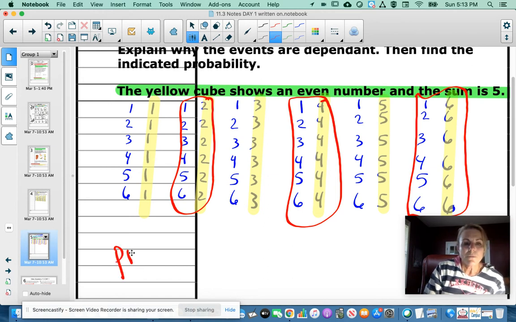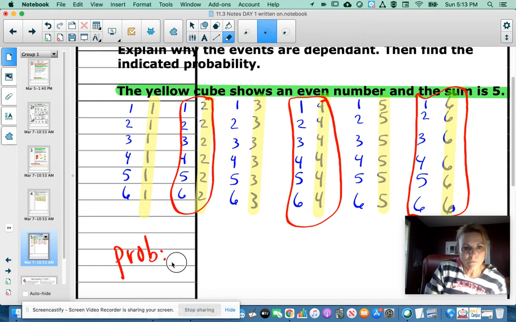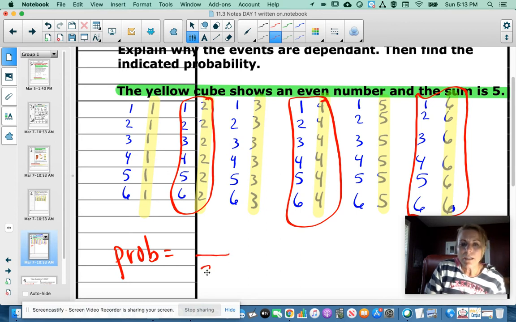Here we go. The probability that we show an even number. Well, number 1, there are 36 different pairs.